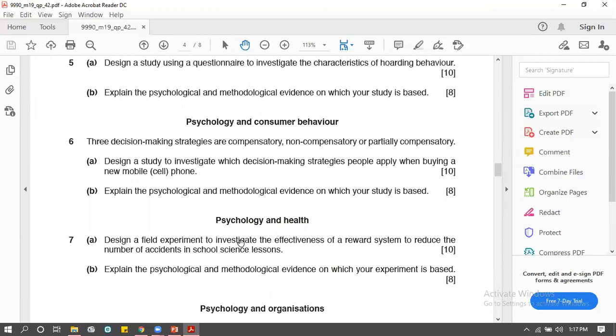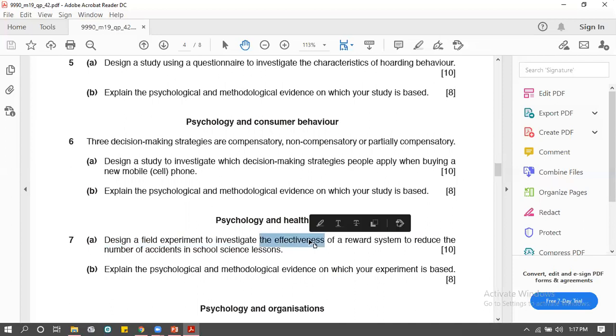Design a field experiment to investigate the effectiveness of a reward system to reduce the number of accidents in school science lessons. All right. This might look like a discovery question, but it's not, because here you want to find the effectiveness, right?